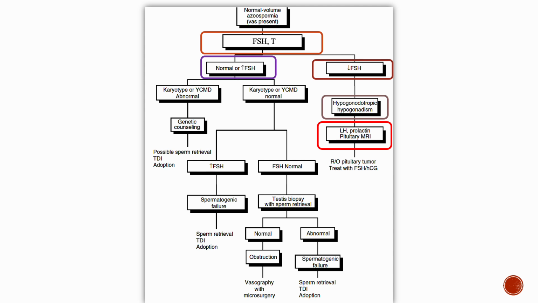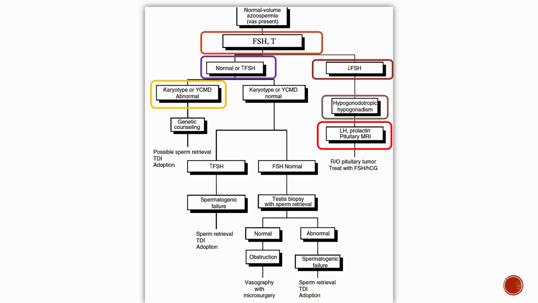If FSH is raised, it means it is a testicular failure, and we have to do karyotyping and Y chromosome microdeletions. The newer guidelines say that in all azoospermia patients, we have to do karyotyping and Y chromosome microdeletions if the follicle stimulating hormone is more than 7.6 milli-international units per liter.